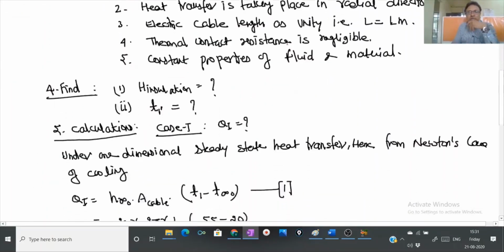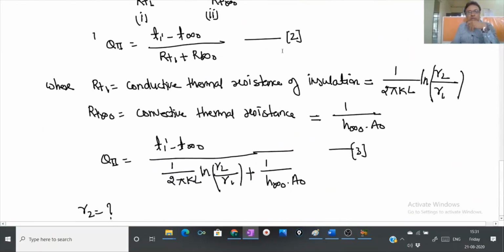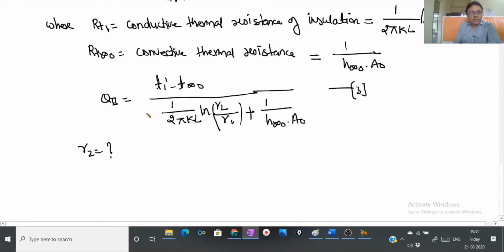What does it mean? R2 for keeping the wire as cool as possible.